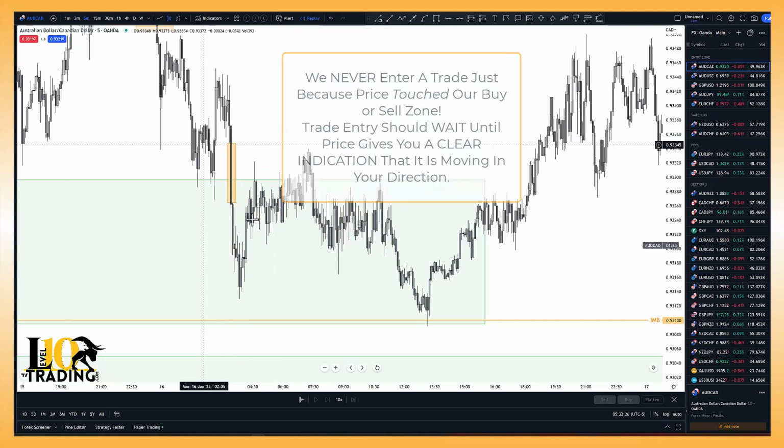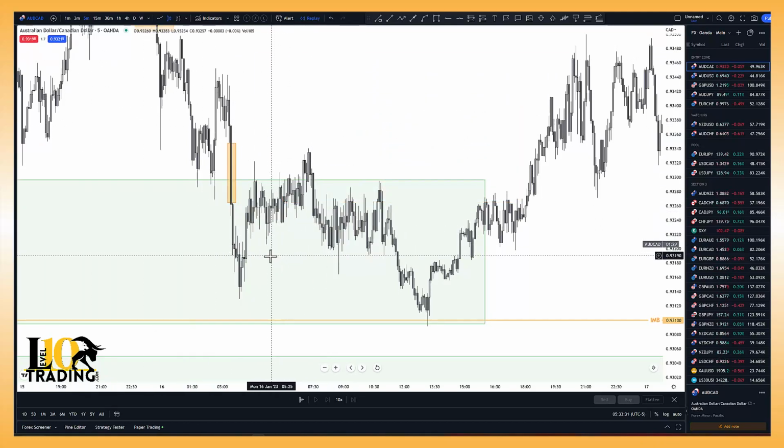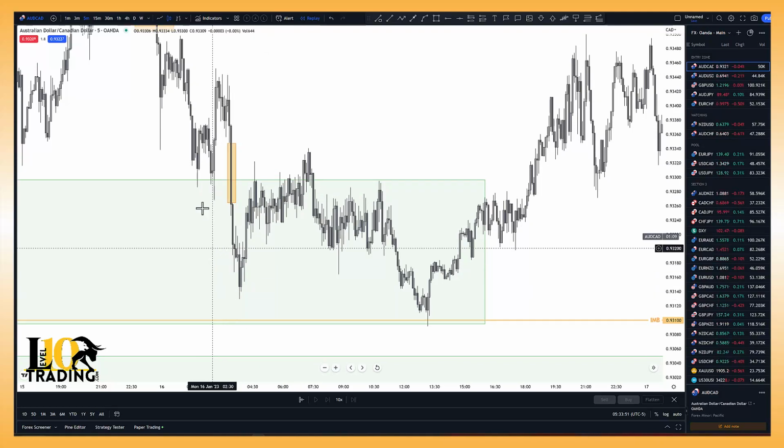What we see here on the Aussie CAD happened yesterday morning when I actually sat down at the charts. It was probably a little bit after 5, about where you're seeing my mouse right now. What I see is a break to the downside on a short-term time frame.